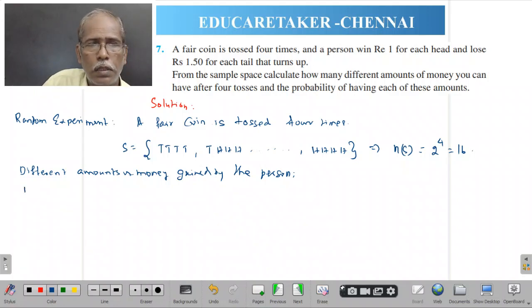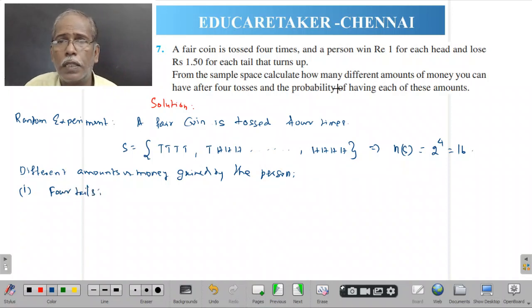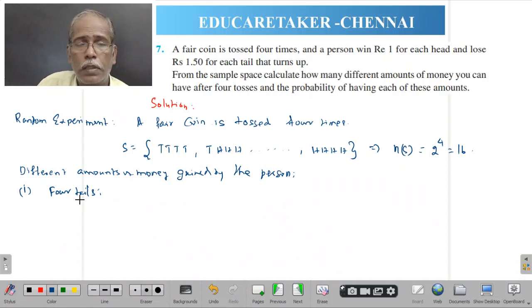Let us begin with the first possibility: all 4 tails. For each tail that turns up, he loses 1.5 rupees. So overall, 4 times 1.5 rupees is a 6 rupees loss, that is minus 6 rupees gain.